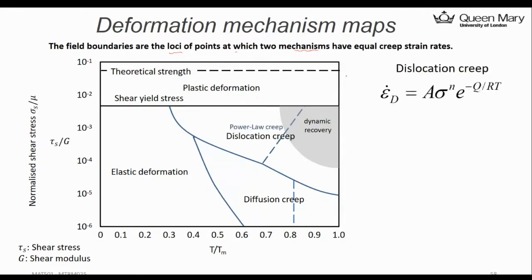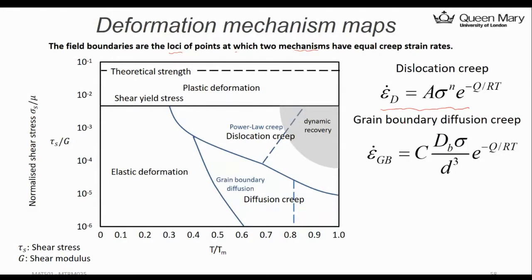So if you look at the first one, dislocation creep, we have this equation for creep strain rate, right? Then for grain boundary diffusion creep, we have this equation from the last lecture, which is strongly dependent on the grain size, and the stress is now the linear term.